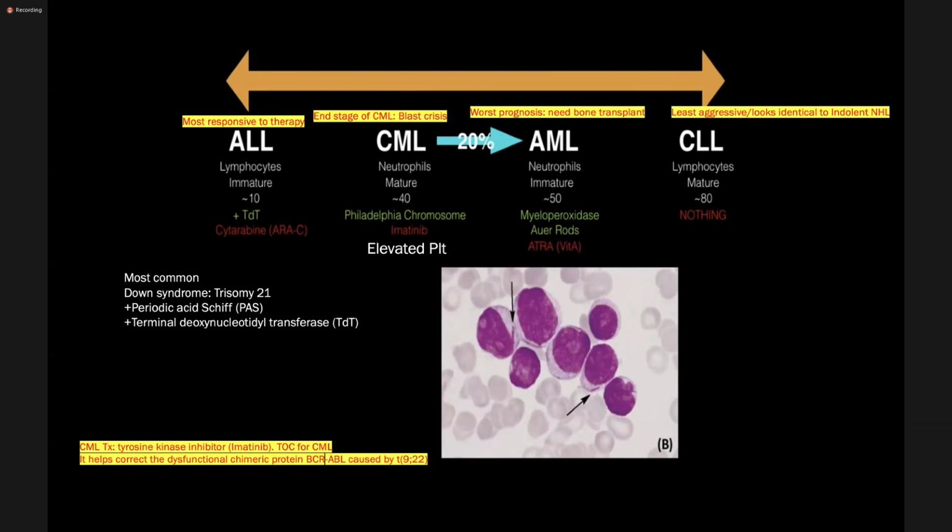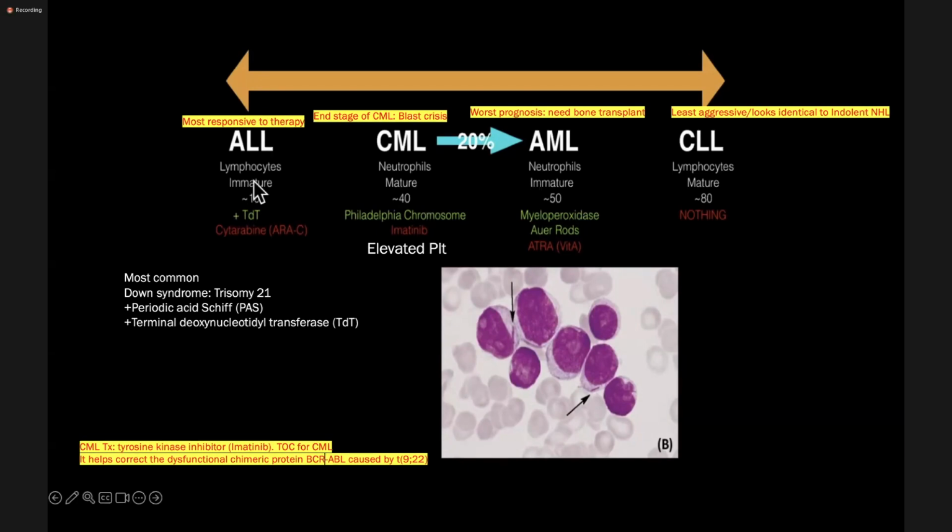I want you to write ALL, starting from the left. You write ALL because A comes before C. Then on the far right, you're going to write CLL.